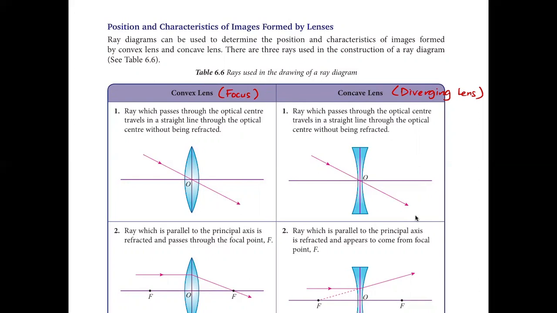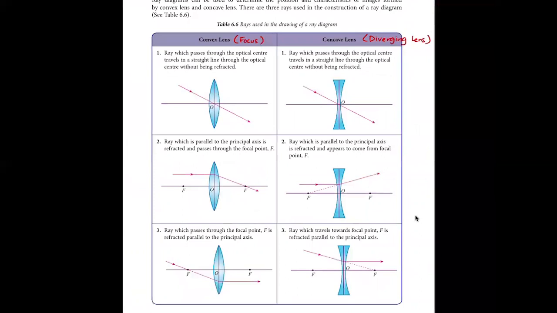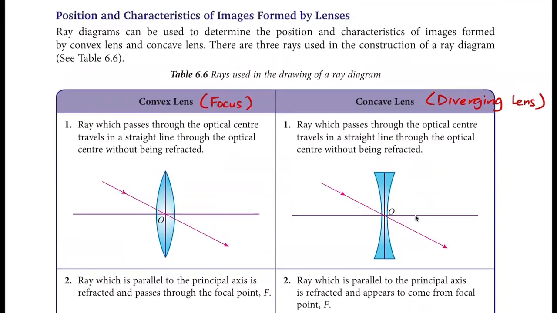Firstly, there are 3 rules in drawing the ray diagrams. The first rule is that the ray will pass through the optical center in a straight line. Since this is a lens, we will focus on the characteristic that it will refract.